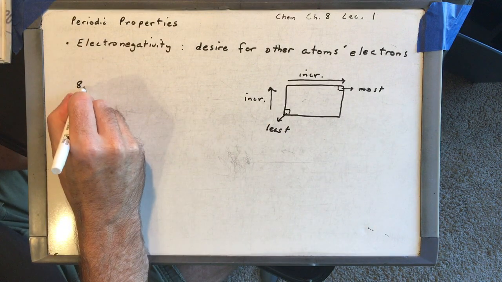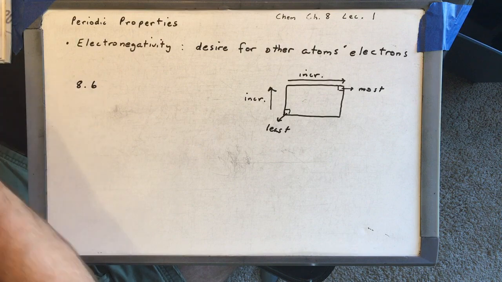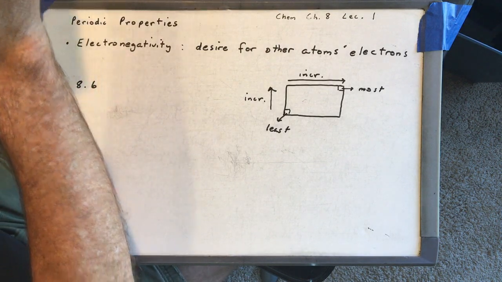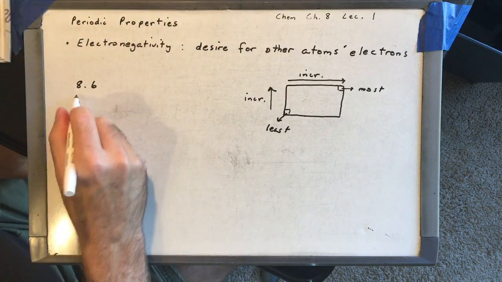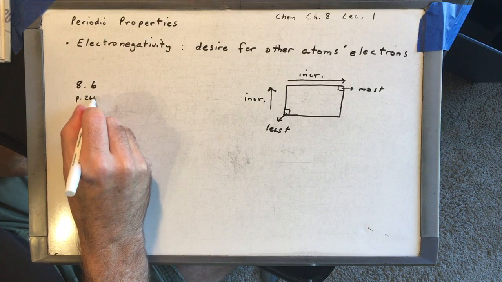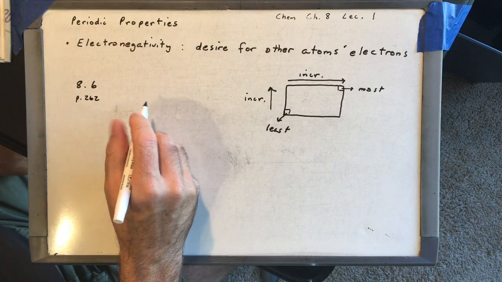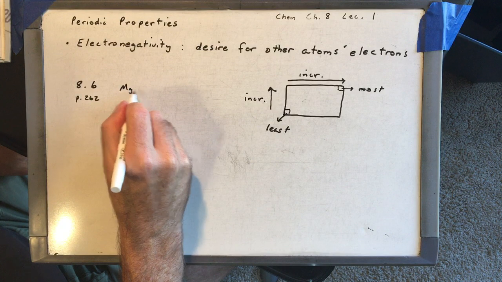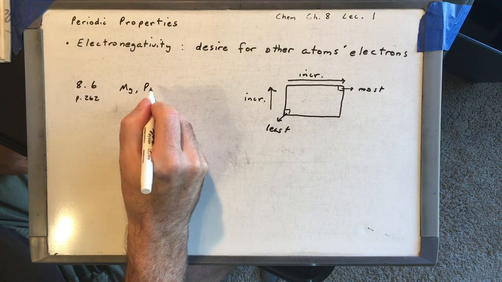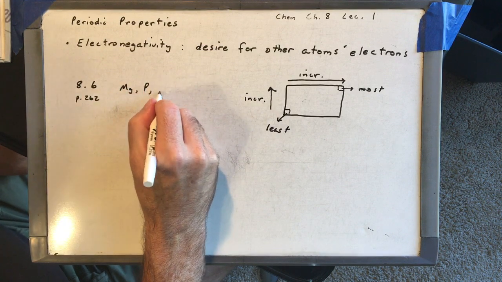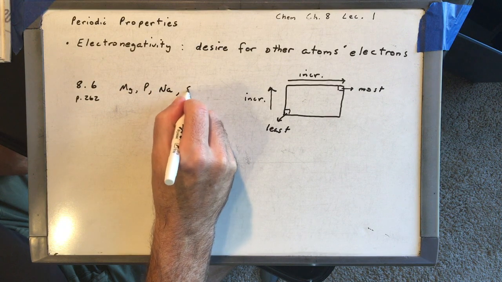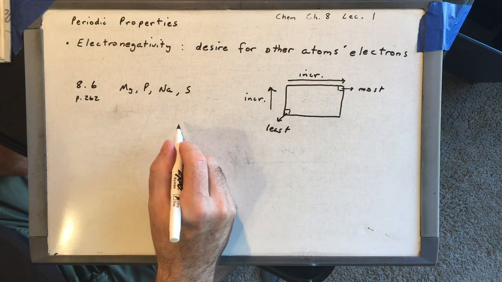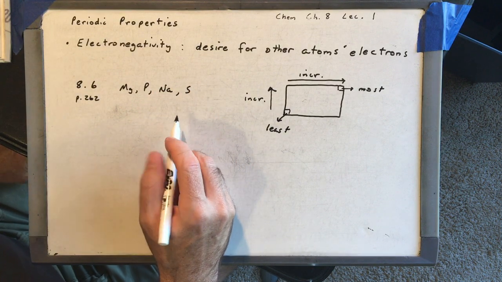Let's look at 8.6. All right, 8.6 is on page 262. And we're given magnesium, phosphorus, sodium, and sulfur. And the question is, which element desires electrons the most?